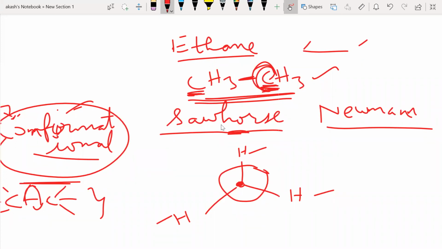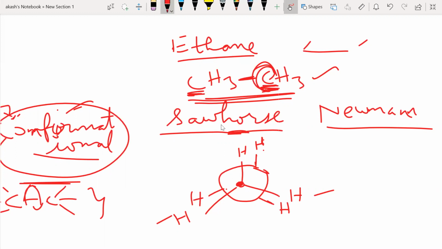Now how will I put it? It's pretty easy. For this carbon atom, I'm going to put one hydrogen here, right? Again, the hydrogen atom will be here, and you see the hydrogen atom will be here, right?